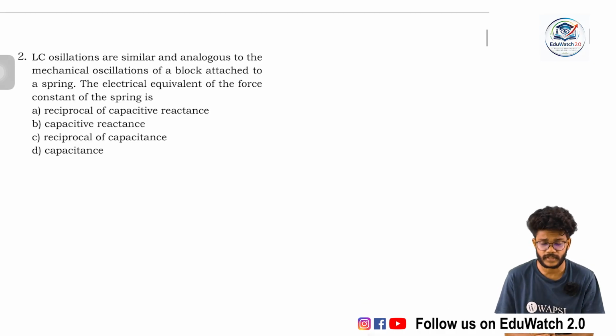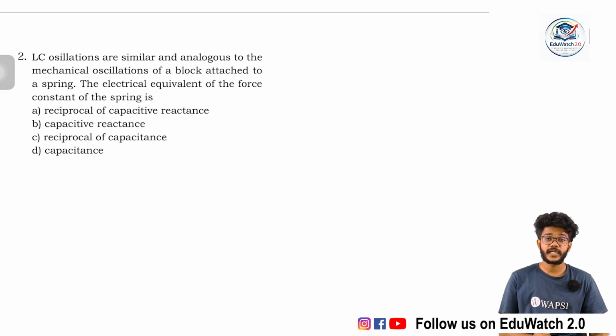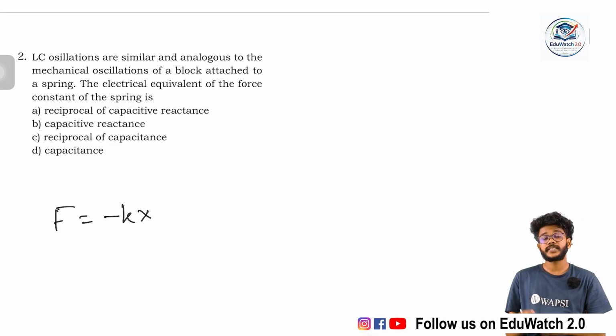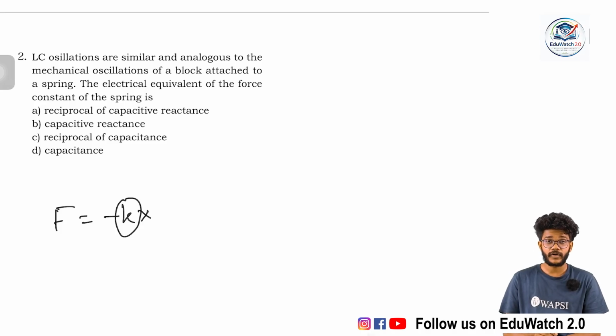Second question is, most of the cases it is conceptual, and LC oscillations are similar and analogous to the mechanical oscillation of a block attached to a spring. In a block attached to a spring, F is equal to minus Kx. It is a retarding force, and the electrical equivalent of the force constant of the spring is, so an electrical equivalent will be there for the force constant K. See, what is the force experienced in the capacitor or inductor?